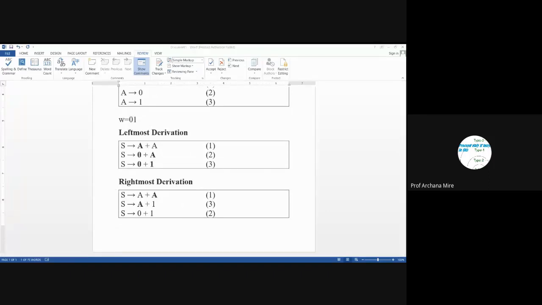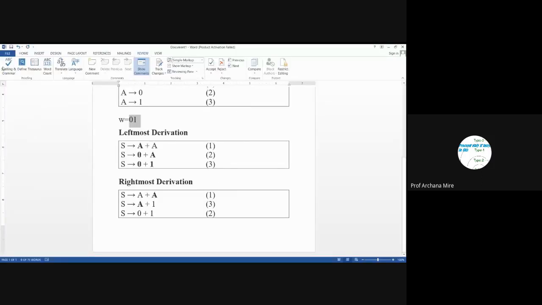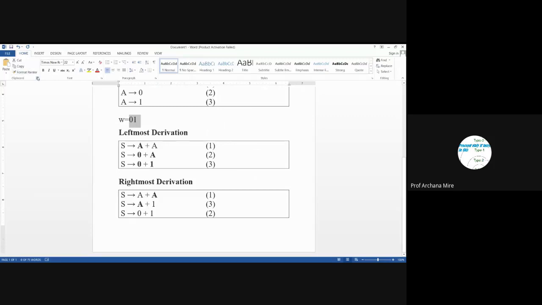Now let's find whether there exist two derivation trees or not. So I will copy some symbols on a clipboard so that it will be easier for us. So let's check whether it is on the clipboard.